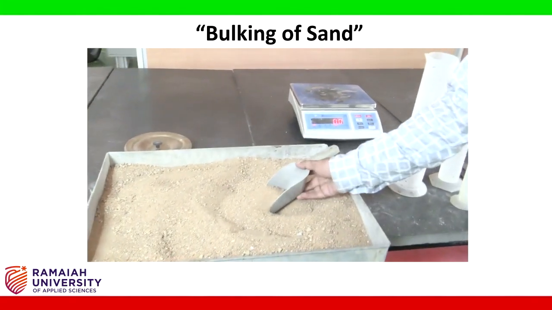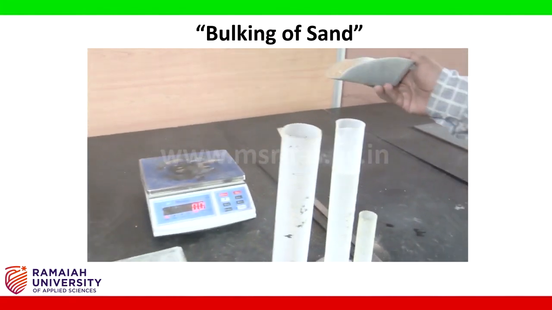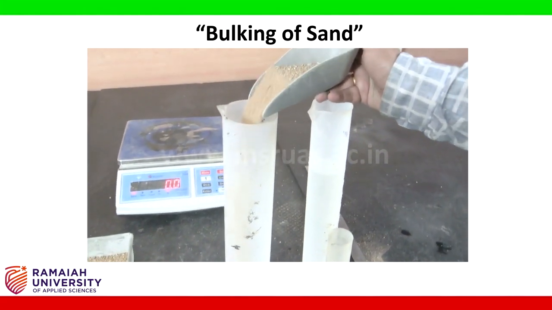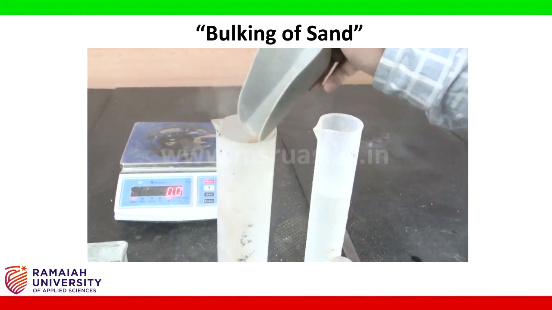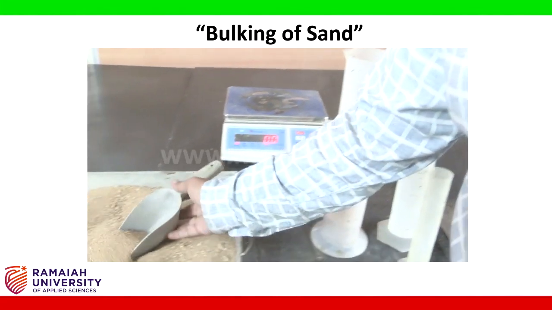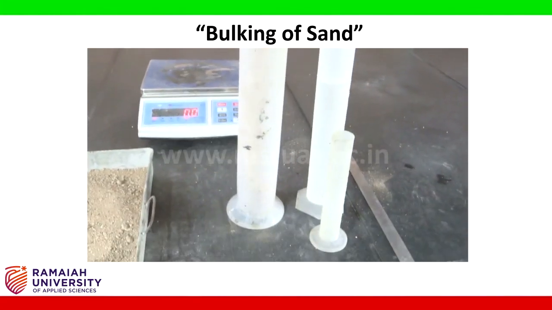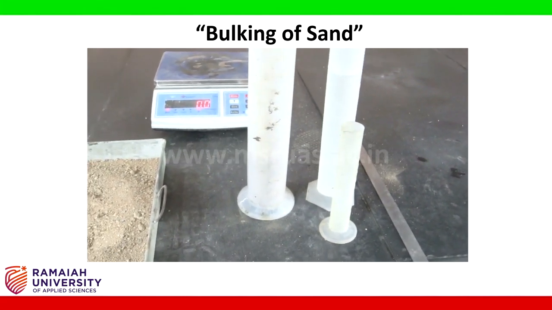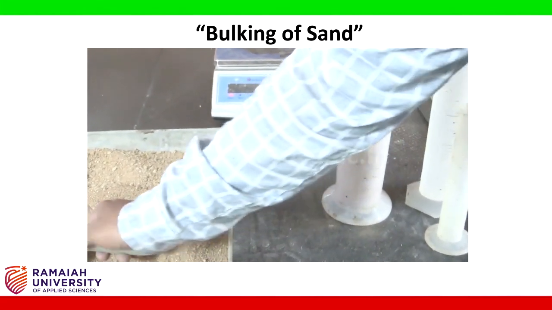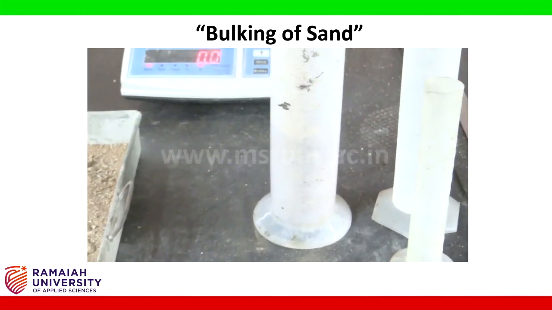We are going to take the fine aggregate and place it in a 1 liter cylinder for a known height. I am going to place it completely up to the 1000 ml reading.